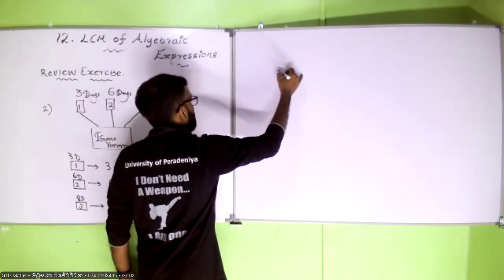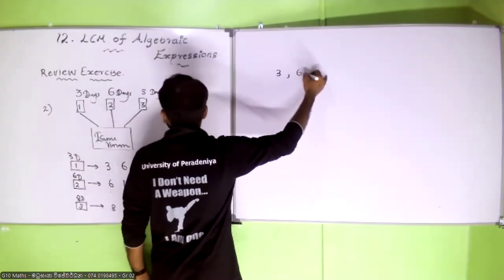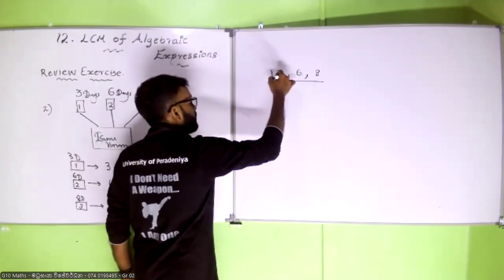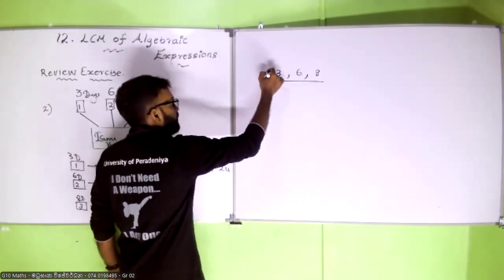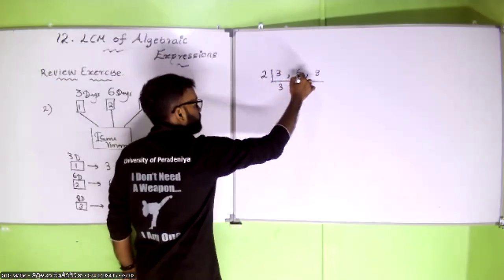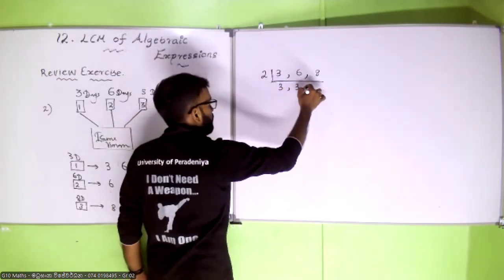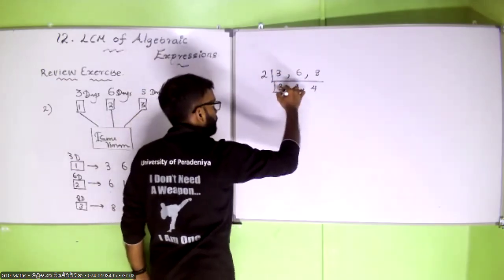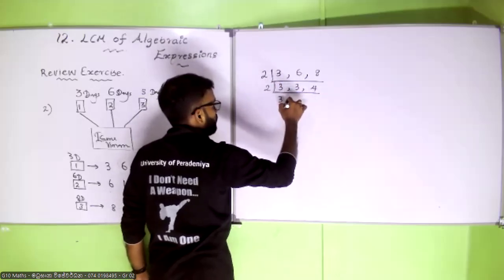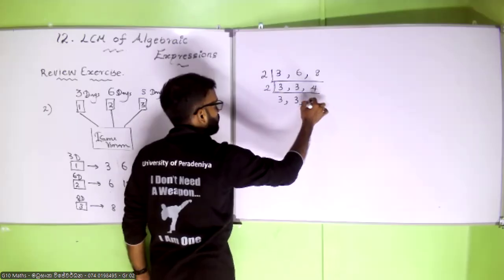So 3, 6, 8. I need to find the least common multiple of 3, 6 and 8. By using 2, I can divide 6 and 8. 2 times 3, 2 times 4. Then again I can use 2 to divide all the numbers. 2 times 2.